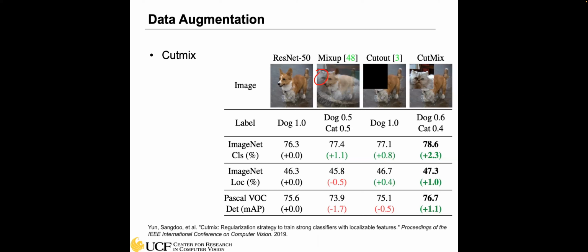CutMix basically, instead of just padding with 0, adds the same region but with a patch from another image. This is a cat. So we also make the label proportional to this region, or the size of the patch. And this shows these data augmentation methods will improve the classification accuracy. The green one is how much it is able to improve by doing this kind of data augmentation technique. Okay.